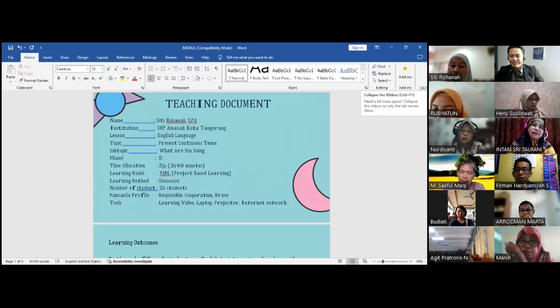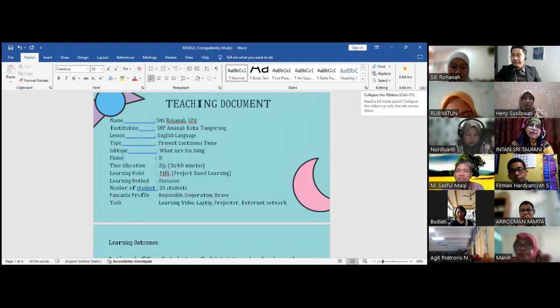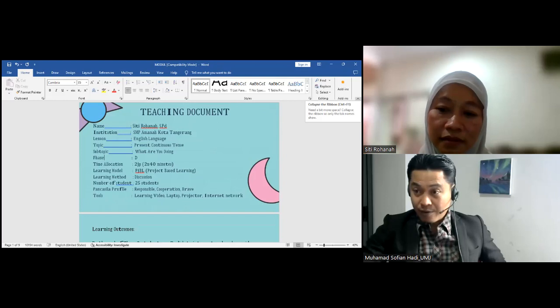So at least we are not going to see this black thing that we have here, and also the blue background. It seems like you don't even have any specific template. If you use Canva, you're going to have various templates that you can use to create an innovative and creative teaching document. Okay, that will be the first.